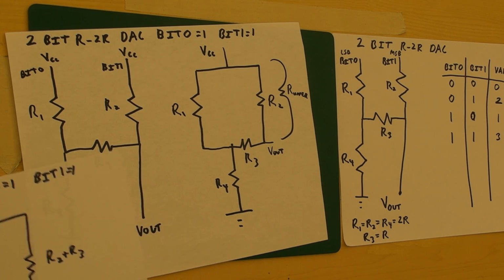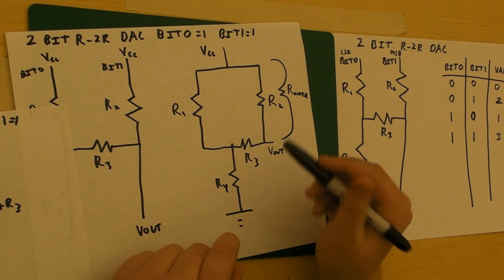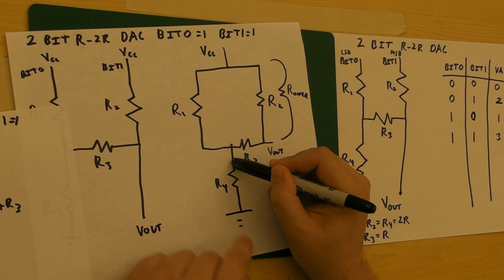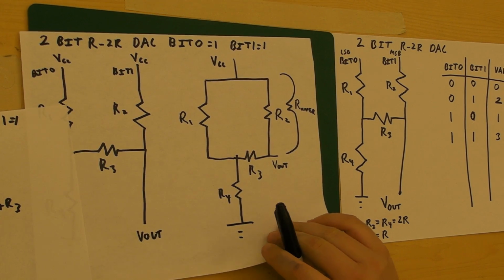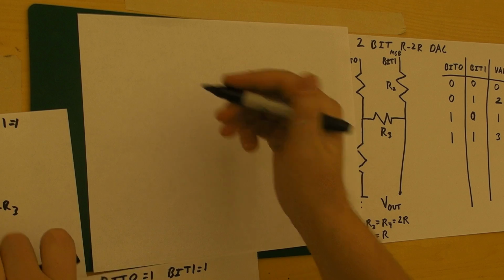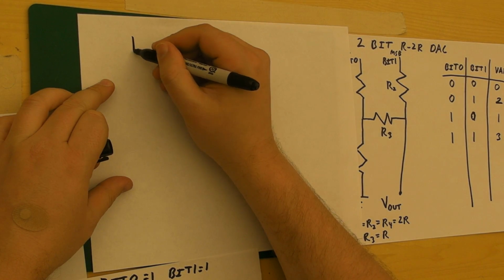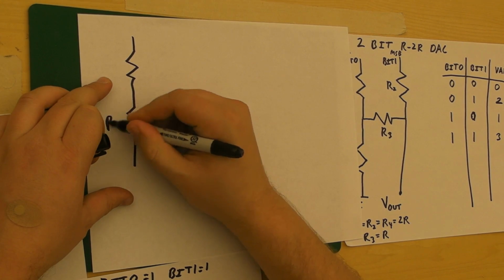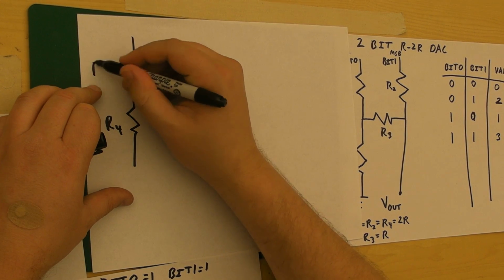Now, that allows us to figure out what the voltage should be here. Now, just like before, we now have the equivalent of a voltage divider. We have R4 and R upper.